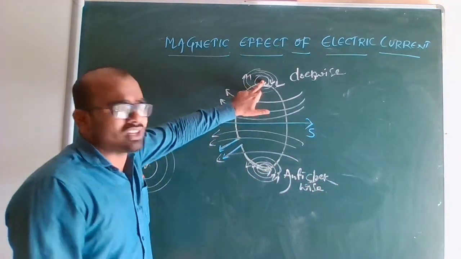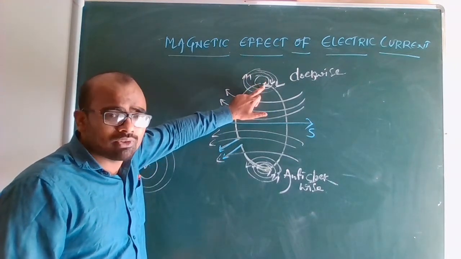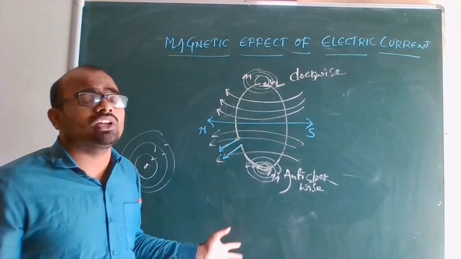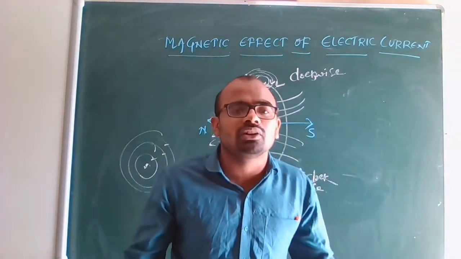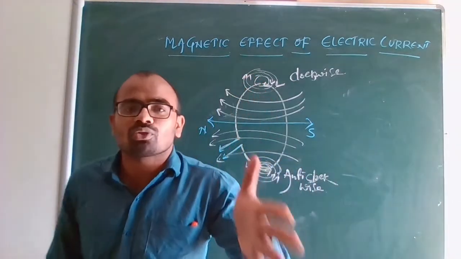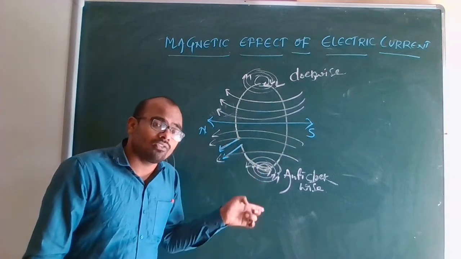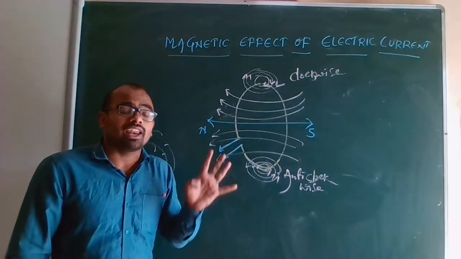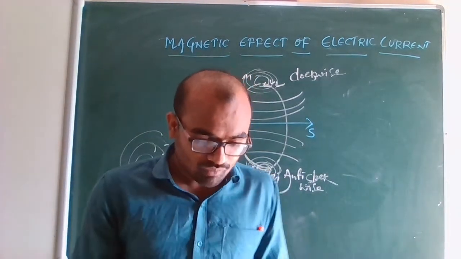The first concentric circle has a small area, the second one has more area, the third one has more area. So as it moves away from the circular loop, they will become bigger and bigger. This process happens because the circular loop is carrying electric current.